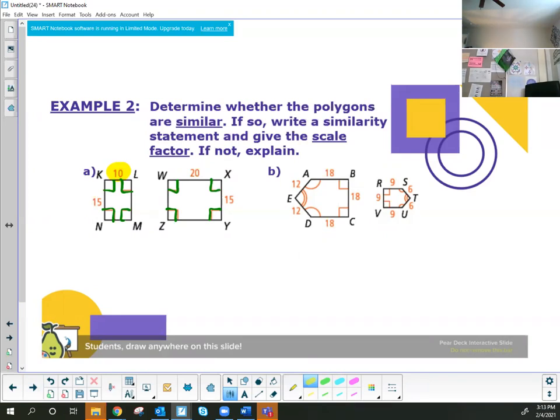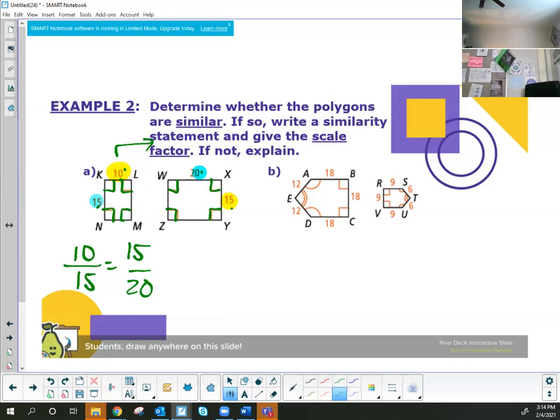The 15, right? So those two go together, and the 20 corresponds with the other 15. So you check the ratios. I went left to right: 10 over 15 should be equal to 15 over 20.